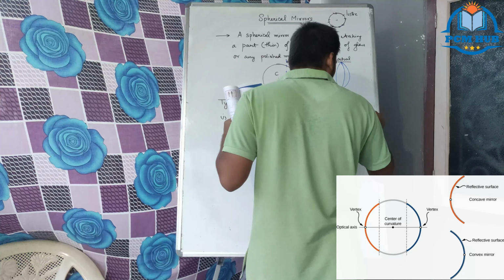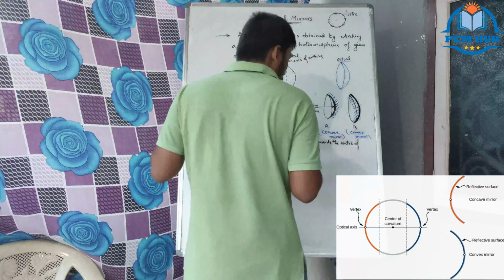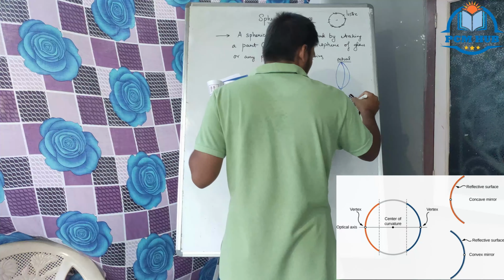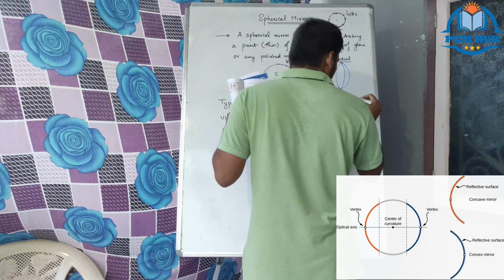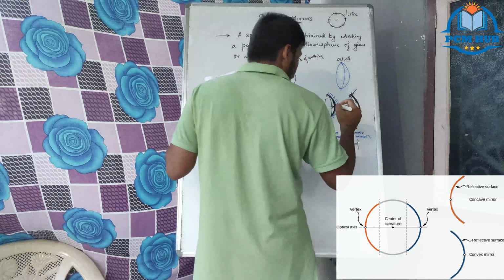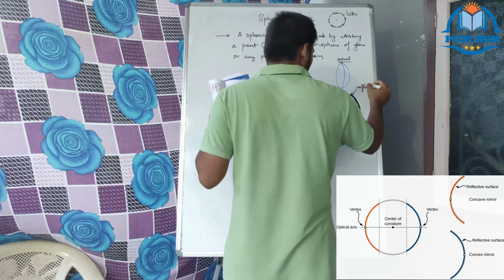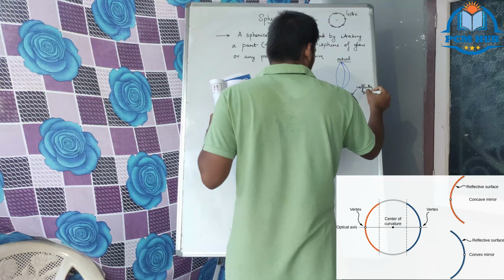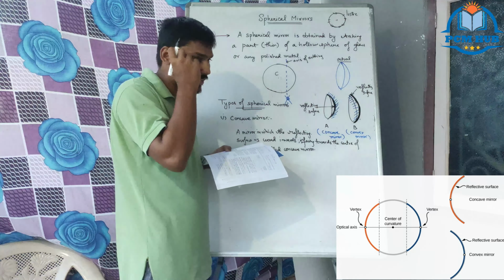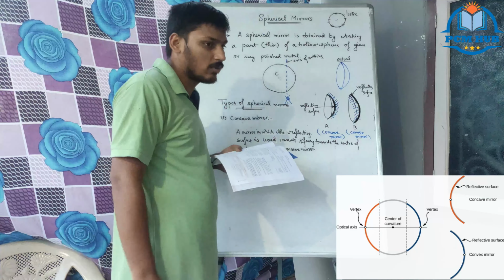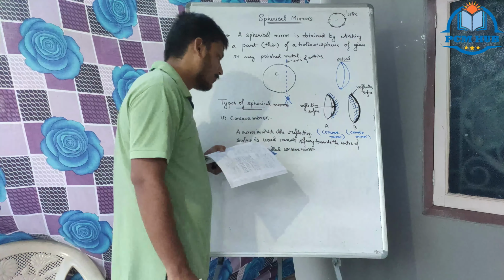For identification only I am showing it like this. Don't think the black one is the painted one. The black is the polished one. The blue is the painted one. This is the reflecting surface. Wherever it is painted, reflection won't happen. Wherever it is smoothened, that will be the reflecting end.